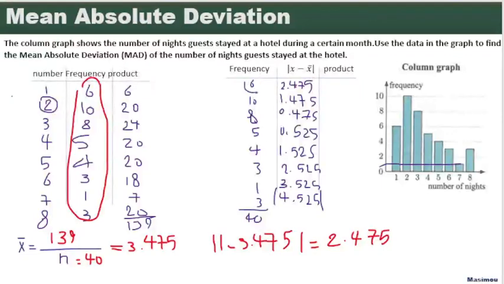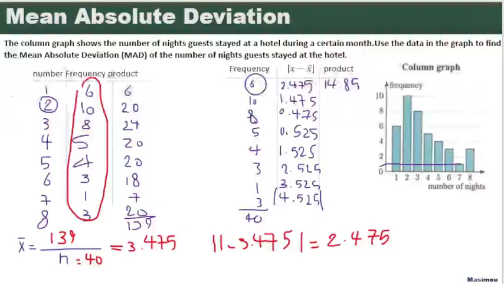It is exactly like my frequency, 6 times. So I multiply these two values: 6 multiplied by 2.475 gives me 14.85.